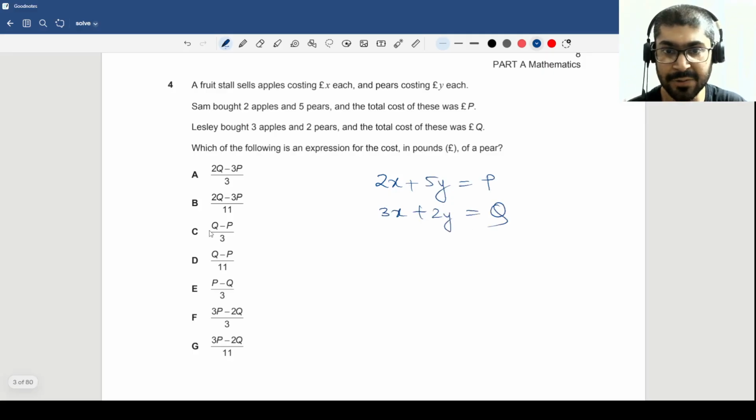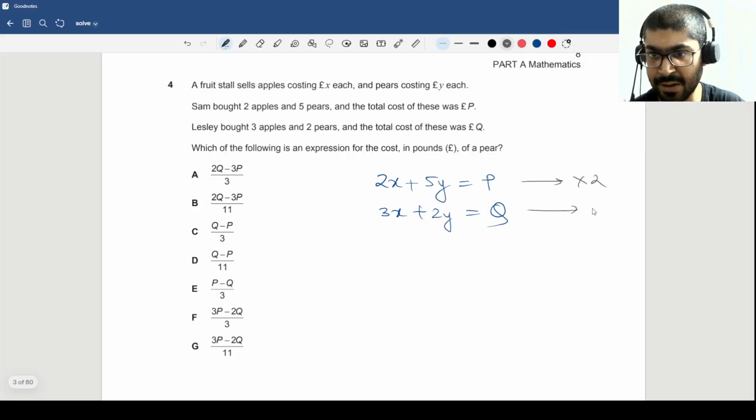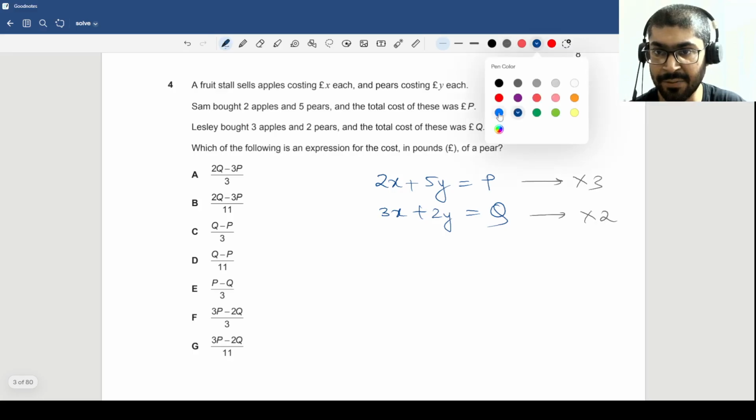Which of the following is an expression in pounds for the cost of a pear? We need y basically. So if you need y, I'll have to cancel x, so multiply this by 3, multiply this by 2.